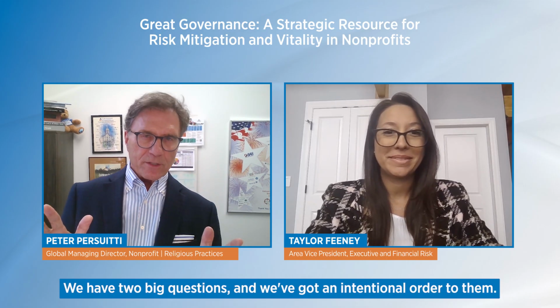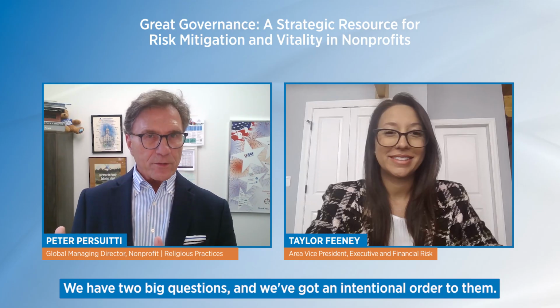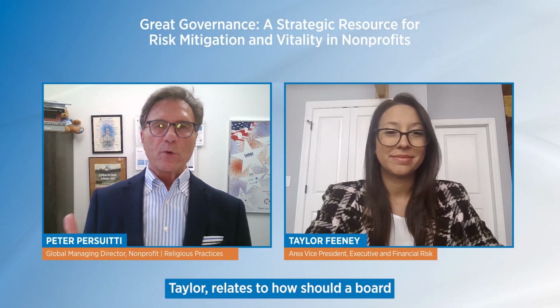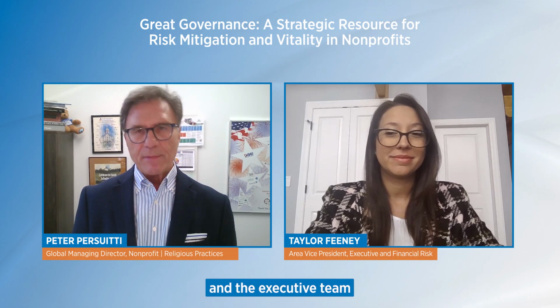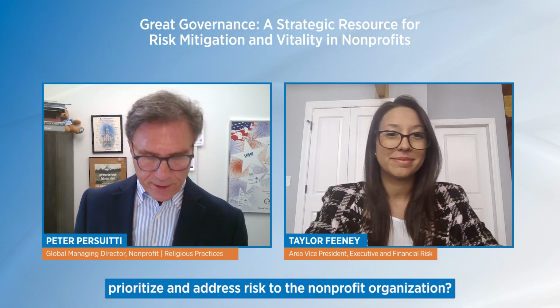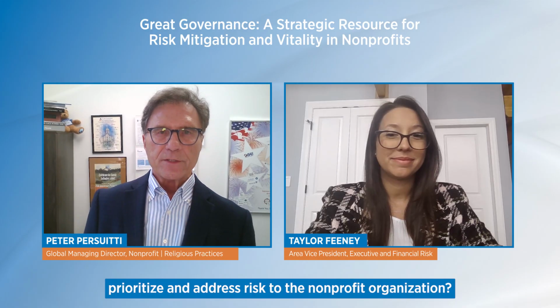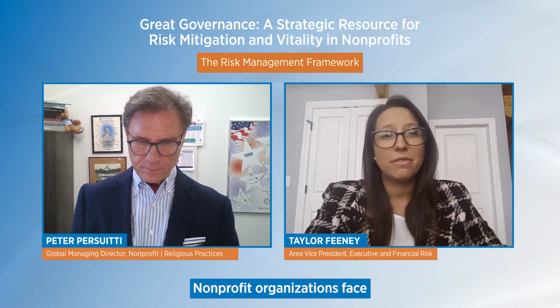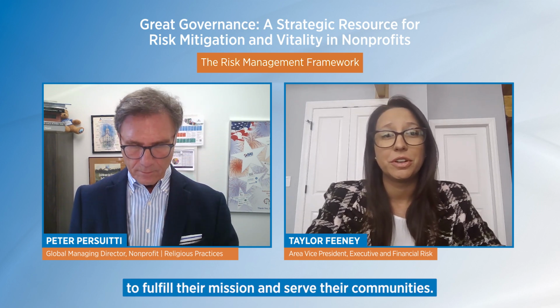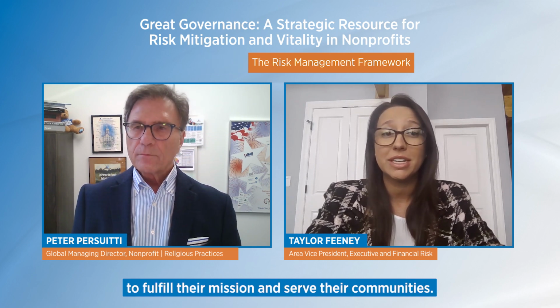We have two big questions, and we've got an intentional order to them. The first, Taylor, relates to how should a board and the executive team identify, quantify, prioritize, and address risk to the nonprofit organization? Yeah, nonprofit organizations face a variety of risks that can impact their ability to fulfill their mission and serve their communities.